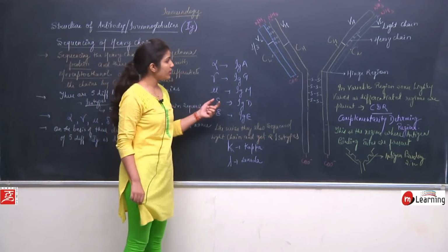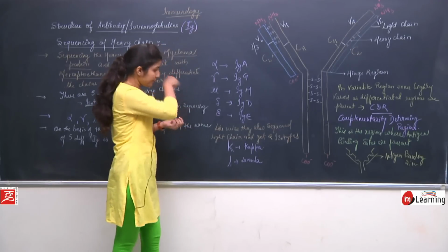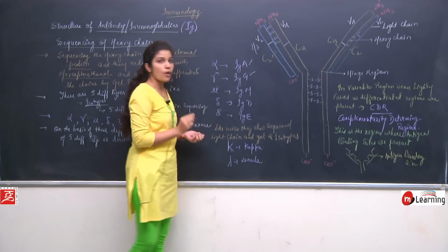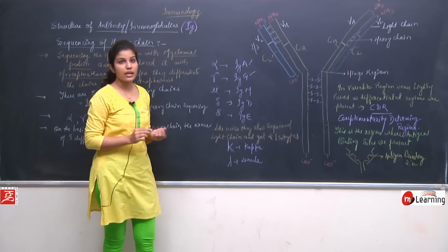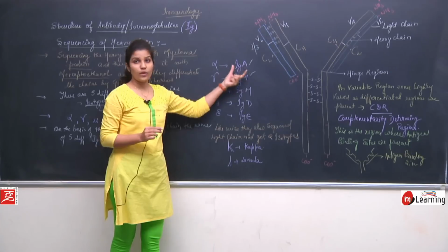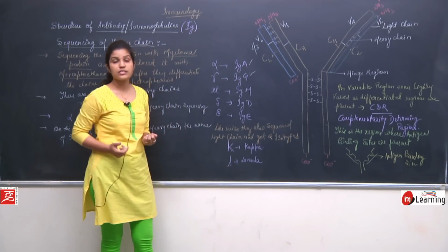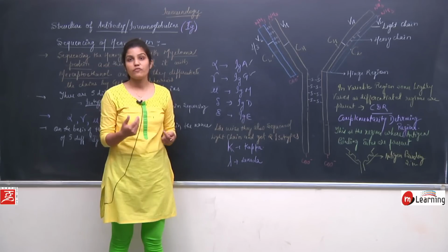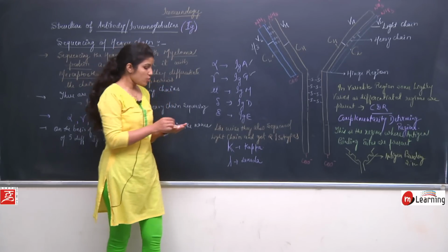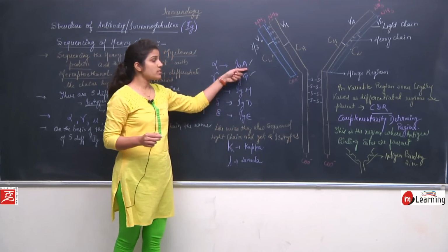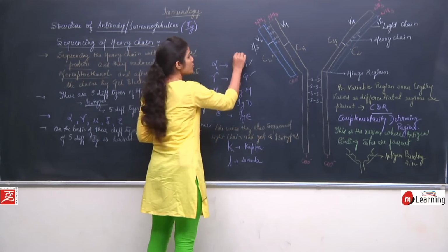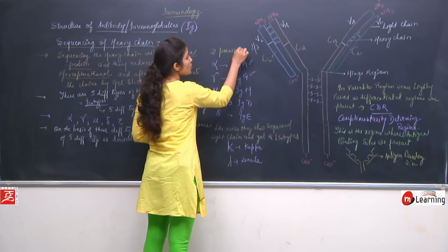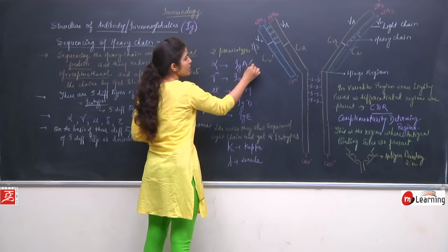Now one more thing, some more variations were observed in IgA and IgM. These were further sequenced to know whether in this type of antibody more modifications or differences are present or not. So when scientists sequenced IgA, they got 2 more isotypes of this.